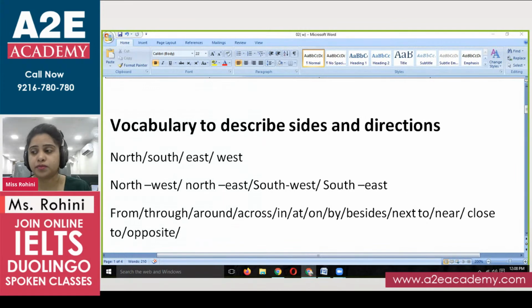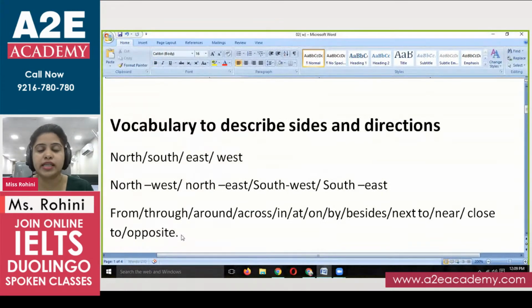Okay, then from, through, around. Now we have told the side directions. These are the directions. Now we have to tell the sides. From, through, around, across, in, at, on. These are the prepositions. By, beside, next to. Next to means nearby. Near, close to and opposite.